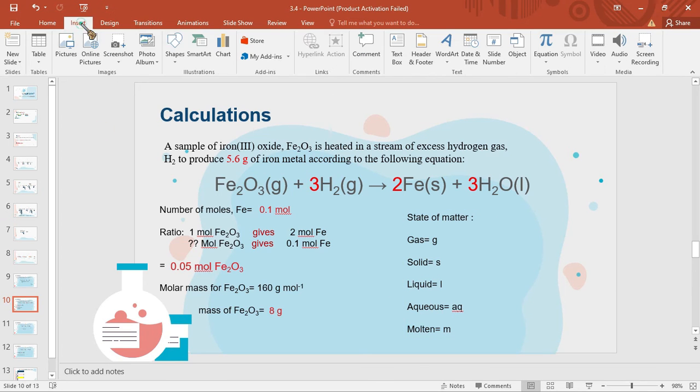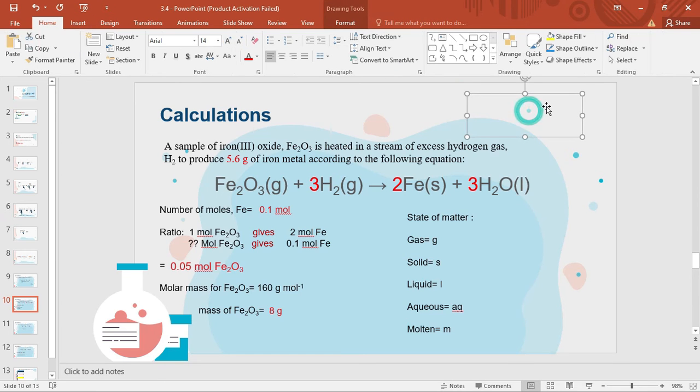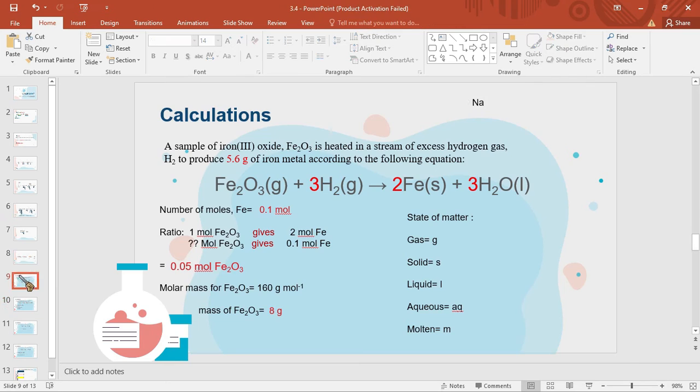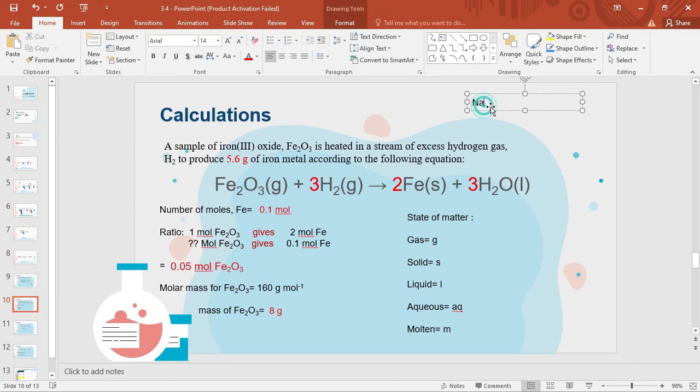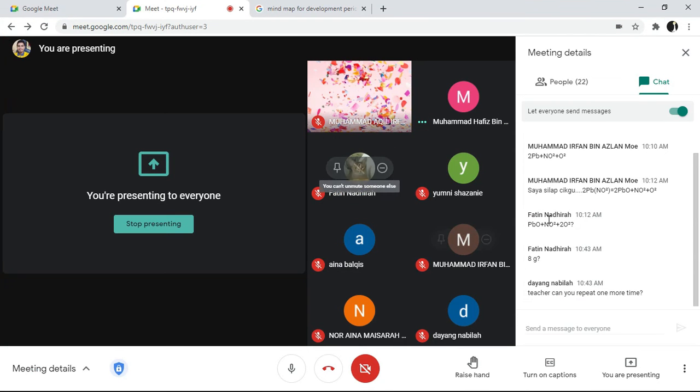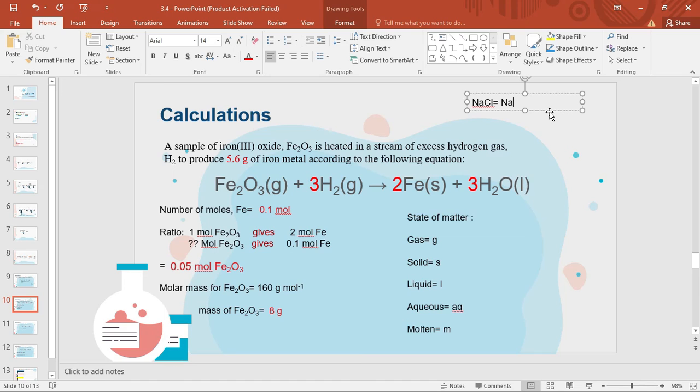Salt. Okay, NaCl, what is the cation? The cation is Na plus, then Cl minus.